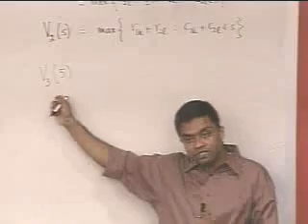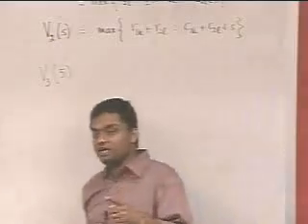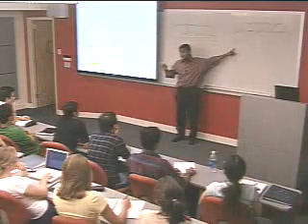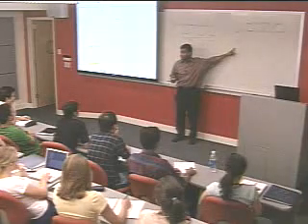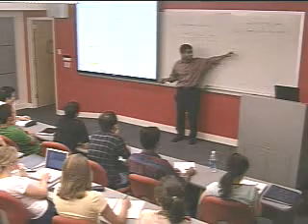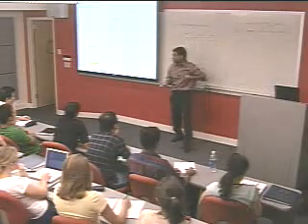In order to compute this number, I had to compute V1 of S for everything, and I had to compute V2 of S for everything. And now, all of that information, all I'm going to do is use this. So a lot of wasted computation has been done. It's better than total enumeration, because I did not enumerate all possibilities. But it's worse than some technique where I could have directly computed this.